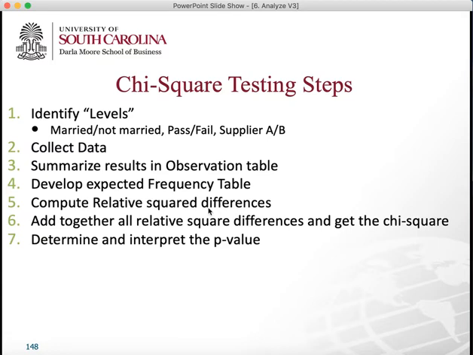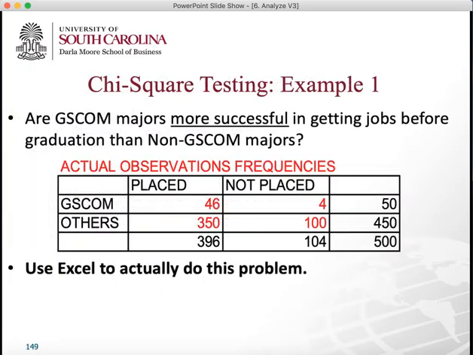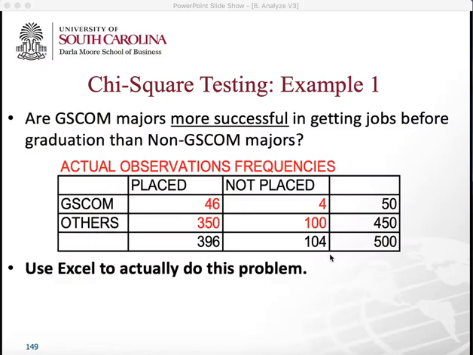We're going to do this manually, add together all the square differences, and know how to calculate that and calculate and interpret the p-value. So this is one that we're going to do by hand. This is one we're going to know how to calculate, okay? So be ready, get your brains ready to think now.